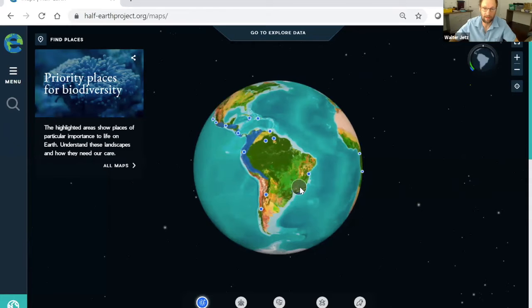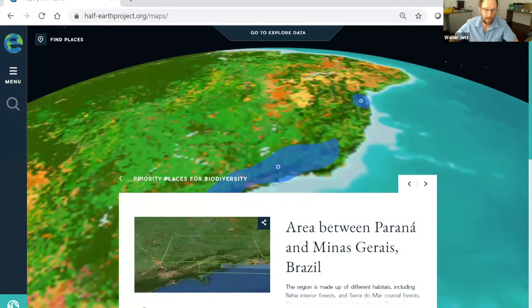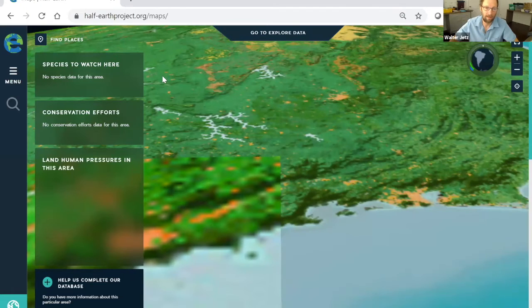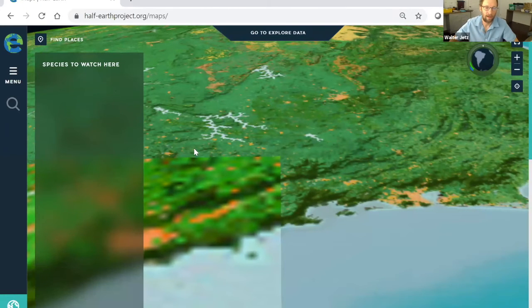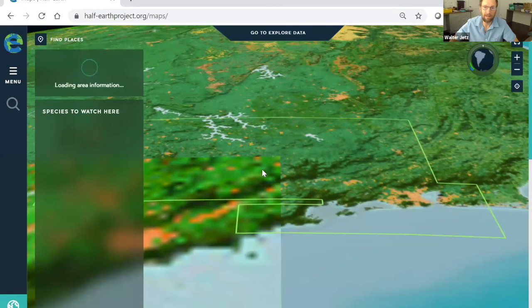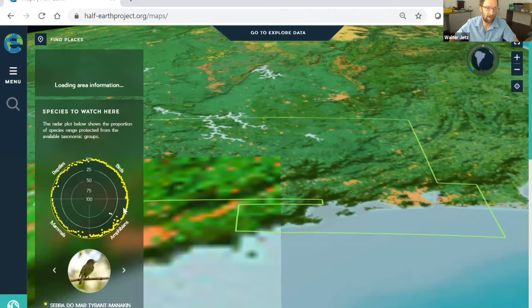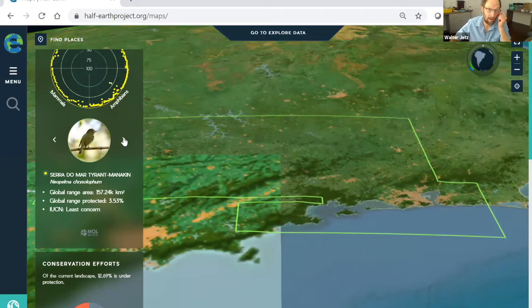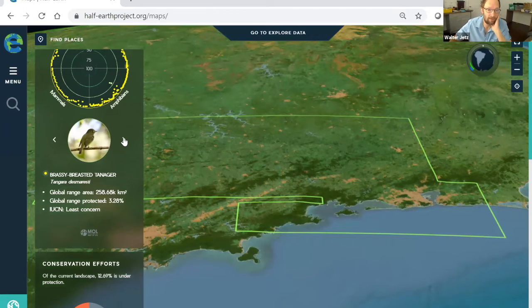Or we can go to the Atlantic forest down here, and we can go in and explore this area a bit further and learn about what species are particularly important in this place. So you see through this visualization how certain birds, for example, would be limited to just that region.